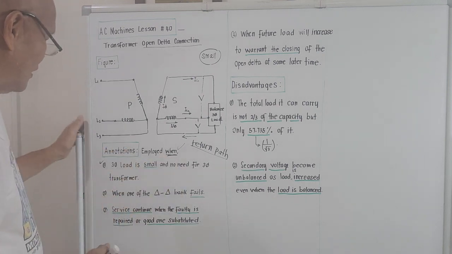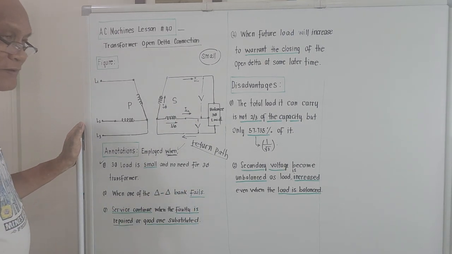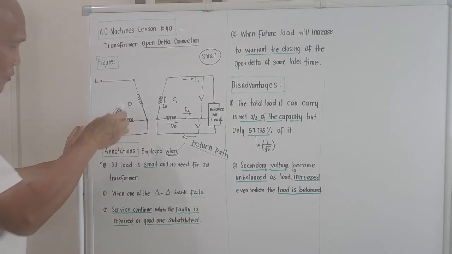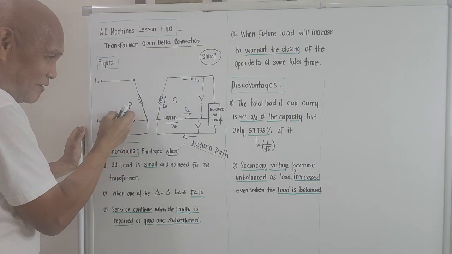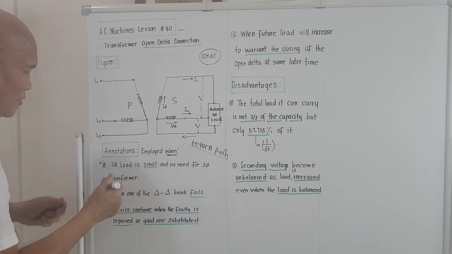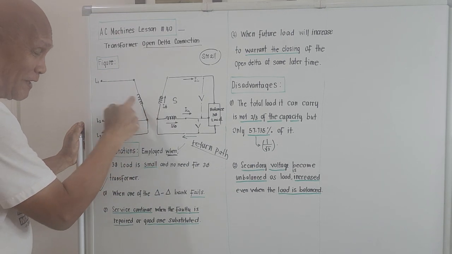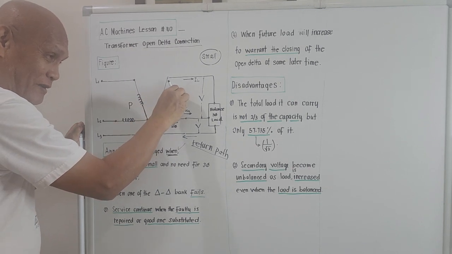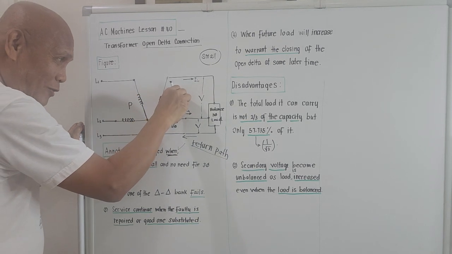Number 2, when one of the delta bank fails, of course, like what I said, when one of these fails, we have to revert to the open delta connection. That's annotation number 2. That's the reason why we use the open delta, because one of the transformers fails. Right? So if this fails, you have to remove also the other one.